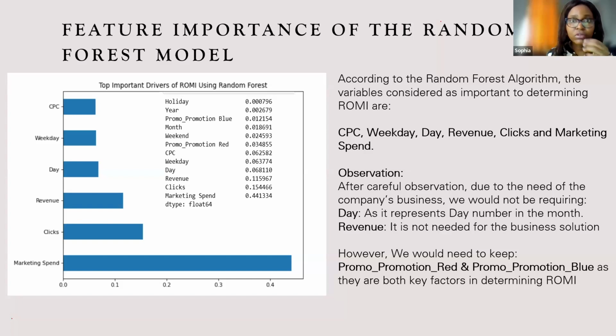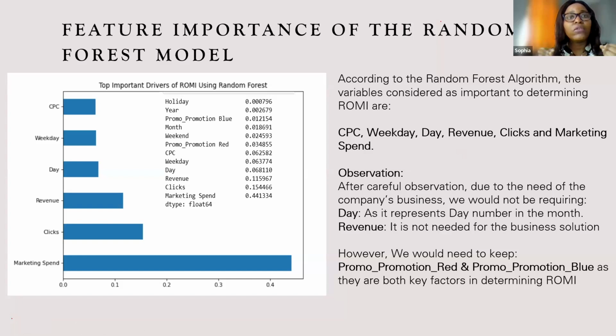make your prediction. So according to the random forest algorithm, we only needed CPC, weekday, day, revenue, clicks, and marketing spend. But after careful observation, due to the needs of the company's business, not all of these would be required.